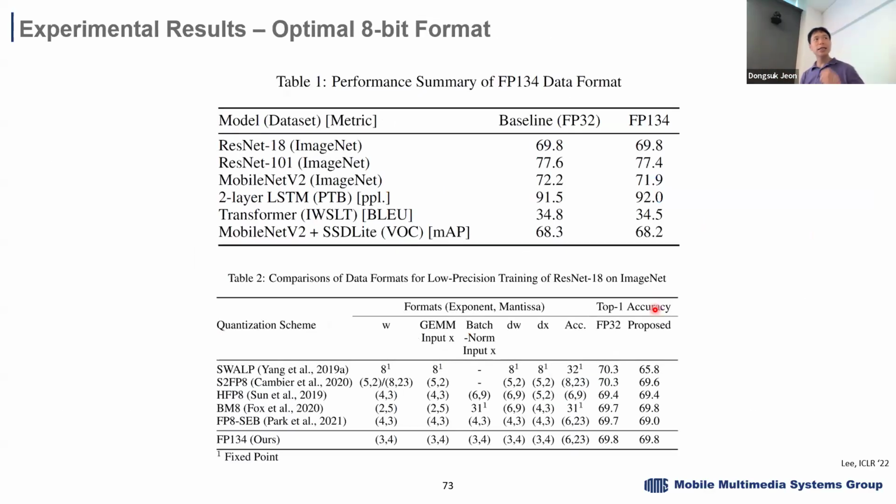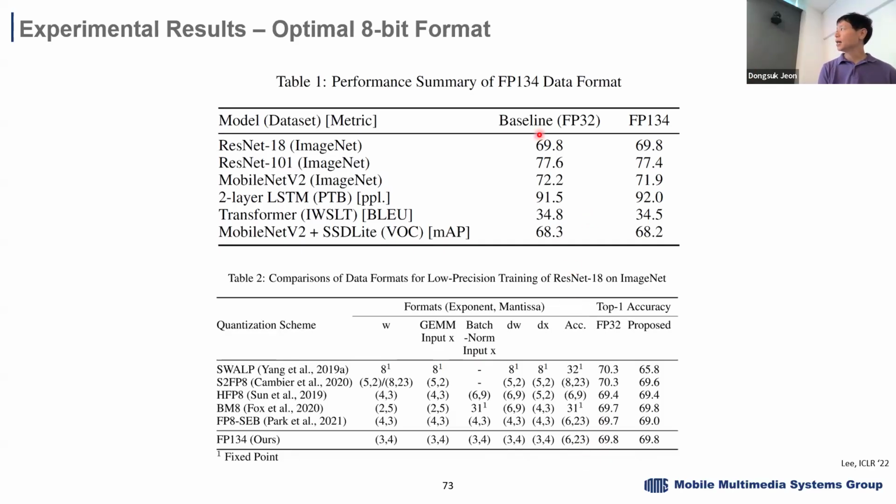Using that prediction scheme, we found that FP134 will be the optimal format for these given 6 different models. And we actually verified it, and we trained those models using this data format. And you can see that it achieves the best accuracy compared to the existing low precision training schemes.